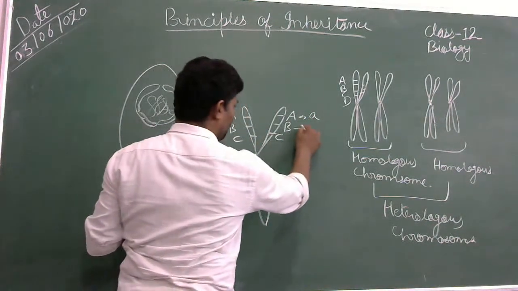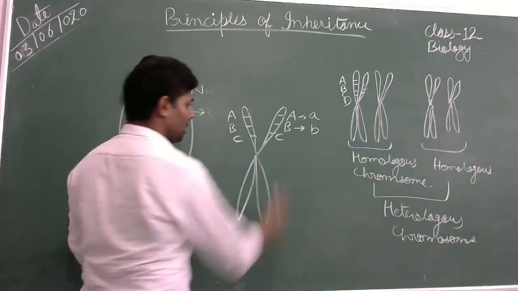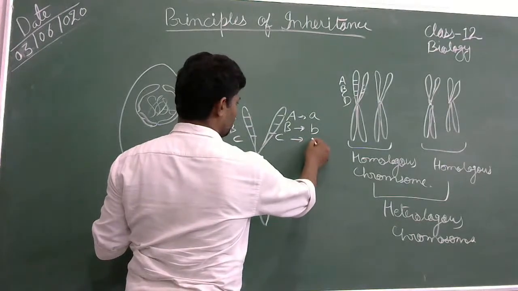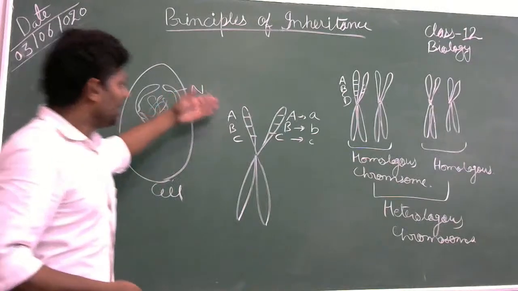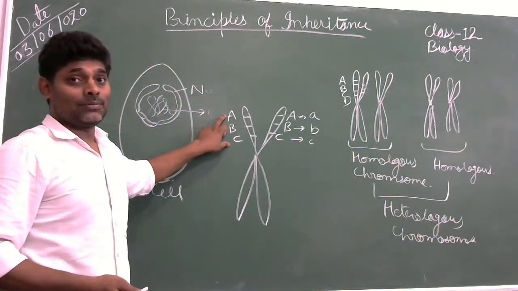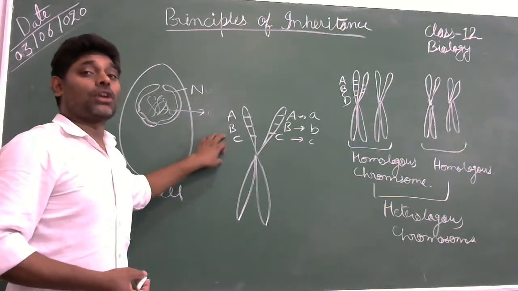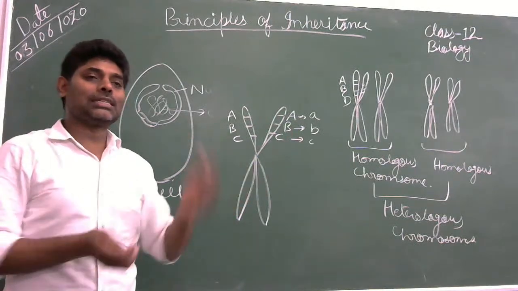If this B has certain changes, we denote it as small b, and likewise small c. Okay? Means these A, B, C have the characters, meaning qualities of an organism which make it different from others. So this is the character.